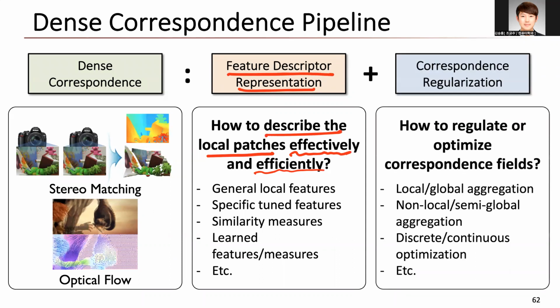And in dense correspondence, we have one more part: correspondence regularization or optimization. The question is how to regularize or optimize the correspondence field. We'll discuss this later. Anyway, dense correspondence consists of feature descriptor representation and correspondence regularization.